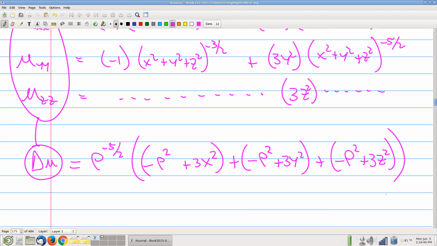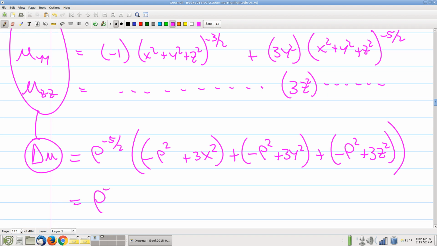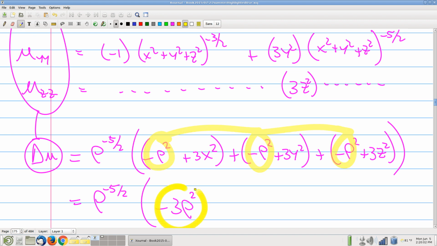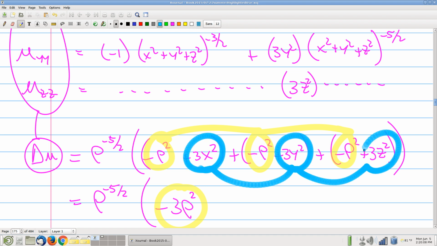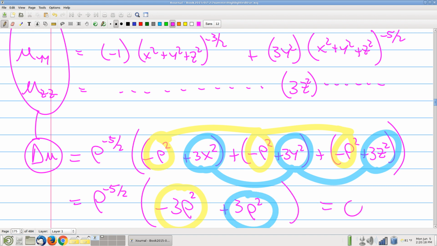All right. And that I can rewrite as, well, I have negative 3 rho squared from that and that and that, right? But then I also have positive 3 rho squared from that, which gives me 0. It's really hard to see that coming until the very last second there, but it totally works.